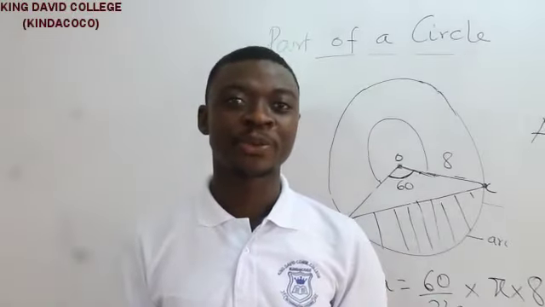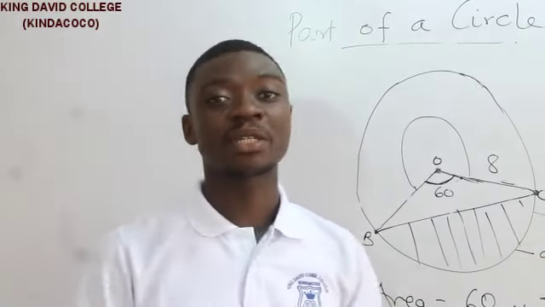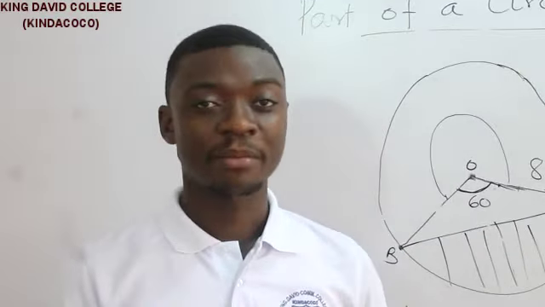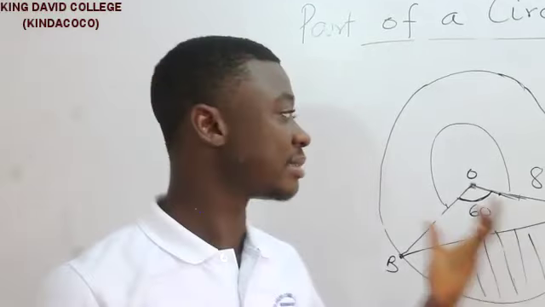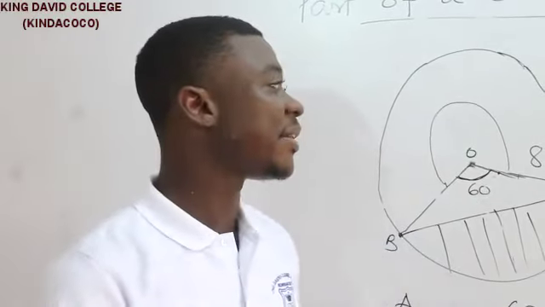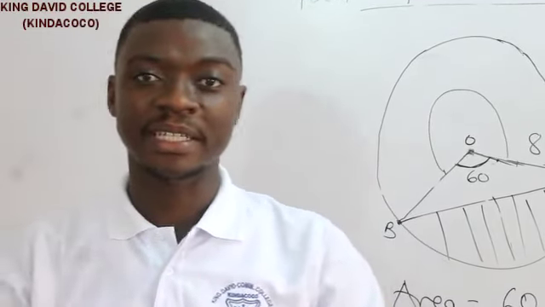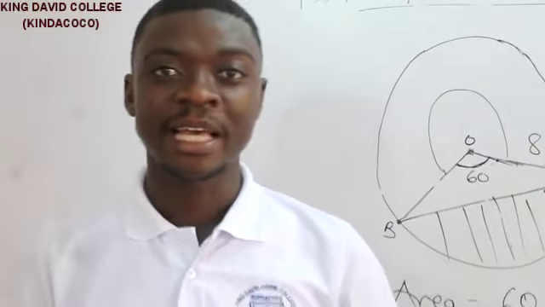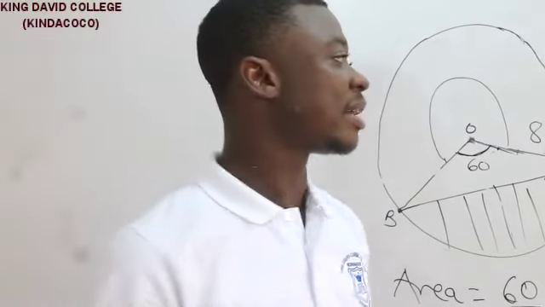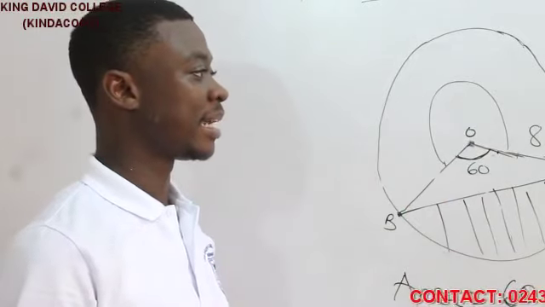Like I told you, these are the major questions they can ask you, or the major information you can get from the part of the circle: finding the area of sectors, perimeter of sectors, or area of segments. Each of them we have gone through, including how to generate them.